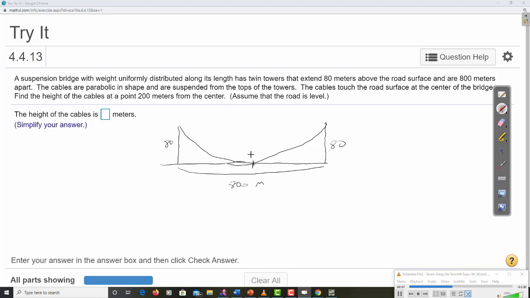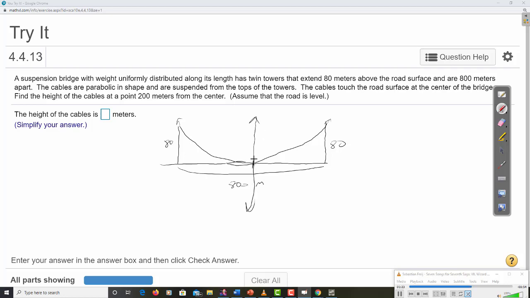Well, the thing is, it's a parabola. We can come up with a formula for a parabola, and if we come up with the formula for the parabola, we can find the height of the cable at any point, the height of the parabola at any point. So how do we find this? Well, first off, we kind of need to figure out where our axes are going to be. Just for convenience, I think I'm going to put them here.